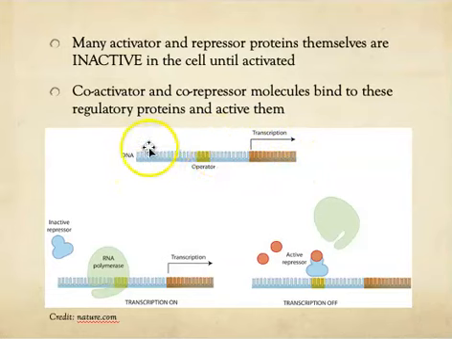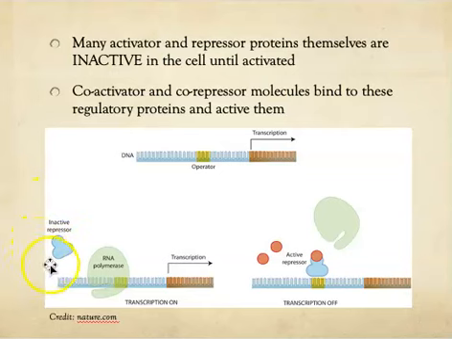You can't see the promoter here in the regulatory region, but you can see an operator. Now, this particular gene can be turned down or downregulated or turned off, if you'd rather, by a repressor protein.